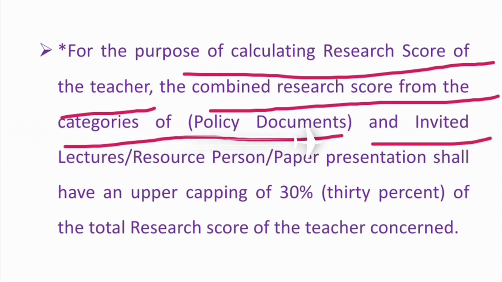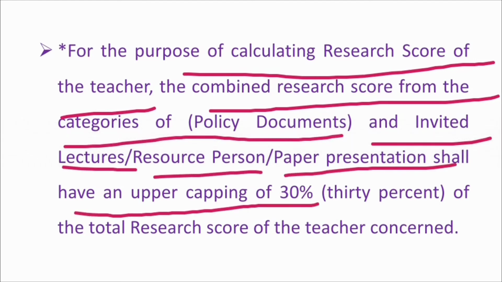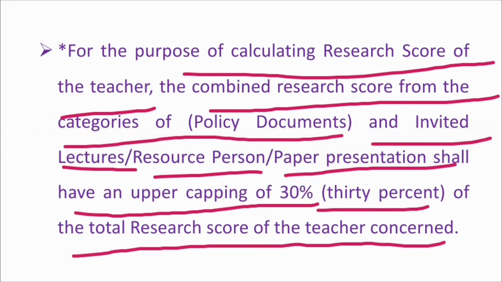But another important category is invited lectures and resource person or paper presentation, which shall have an upper capping of 30% of the total research score of the teacher concerned. It means in this category you will get only 30% of the total API score. You don't get the total API score in these categories. So there is a capping of 30%.